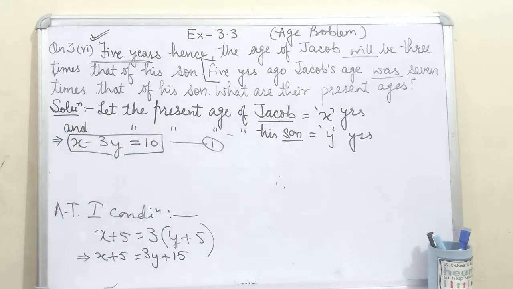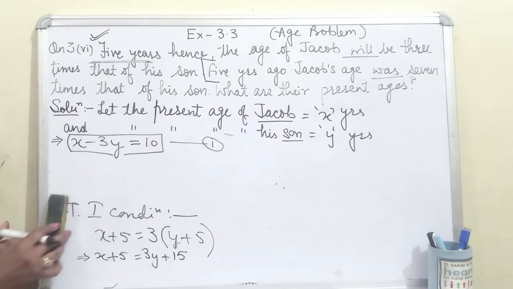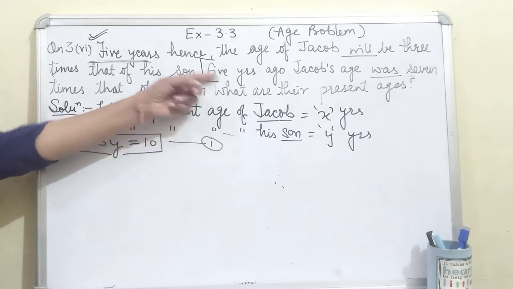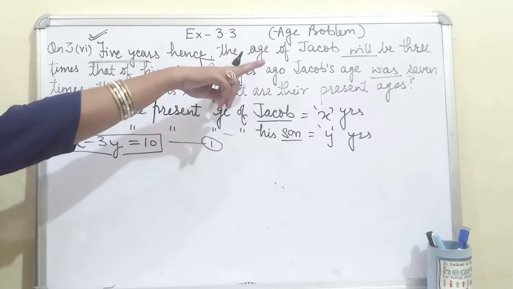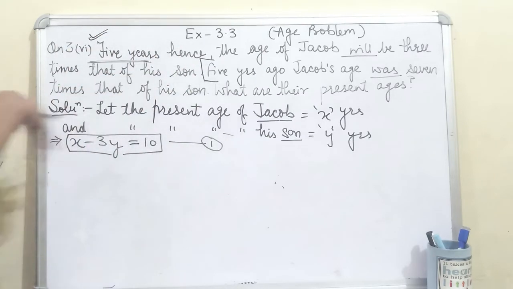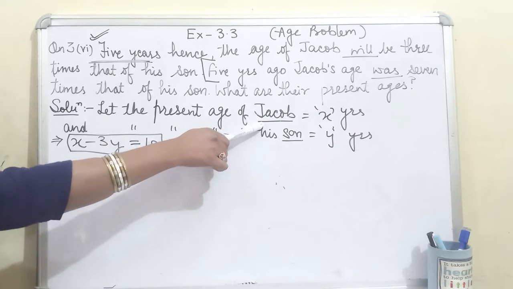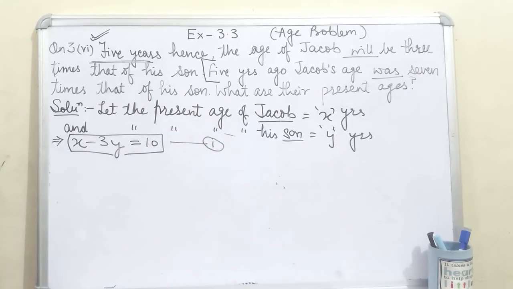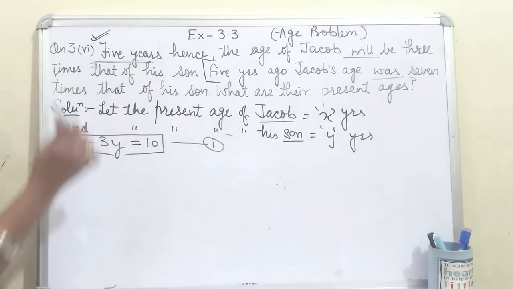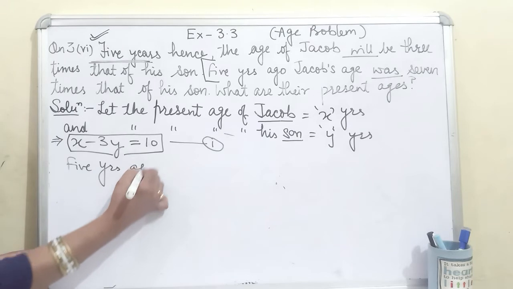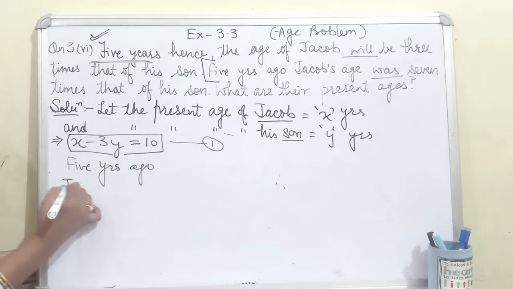And now we have to find out the second condition. According to the question, second condition is about the past or the future? Tell me. That is about the past because they have written here was, they have written here ago. So first of all, if the present age of Jacob is X, present age of his son is Y, then what are the ages of Jacob and his son before 5 years? 5 years ago, what will be Jacob's age?